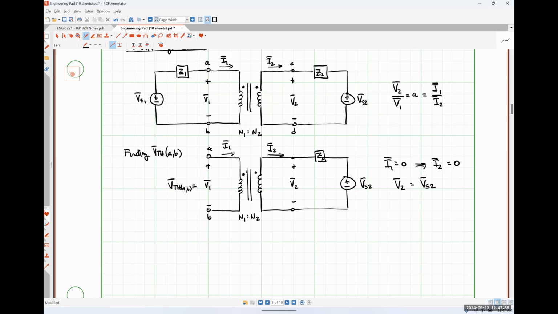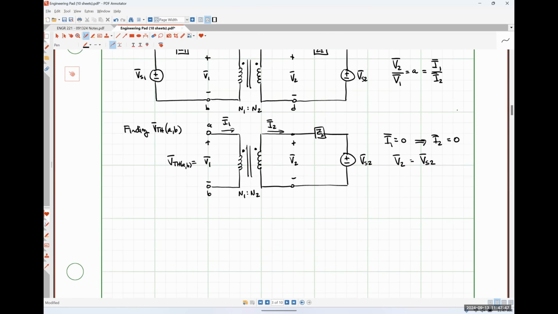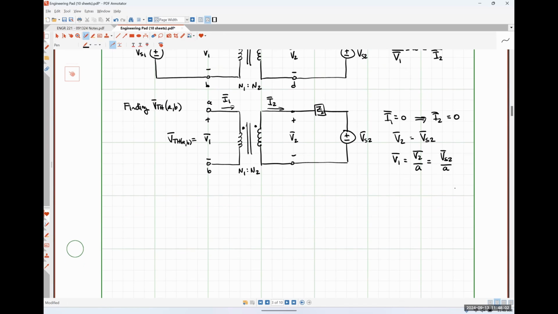So move V1 up here, move A down here. So V1 is V2 over A, is equal to VS2 over A. Okay. We all okay with how we just found our Thevenin voltage?